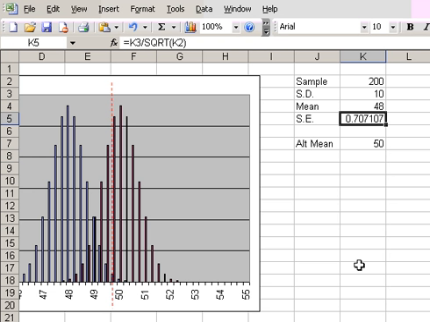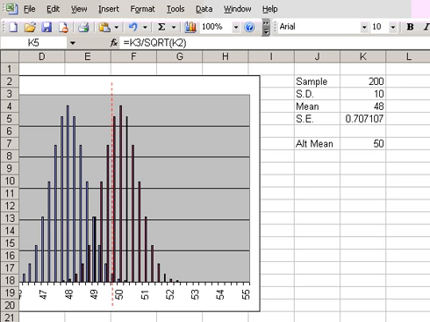Now, in order to set upper 95% limits on a mean of 48 inches, we would need about 1.7 standard errors, which would be about 1.2 inches above 48.